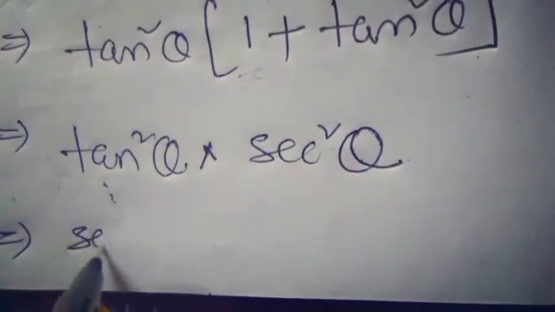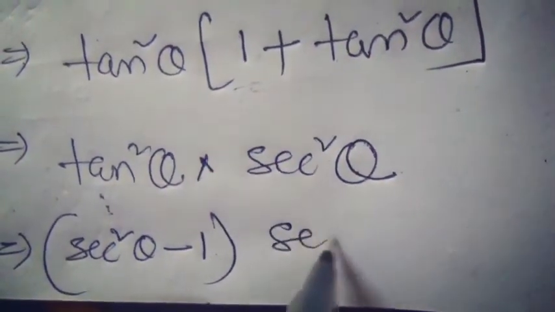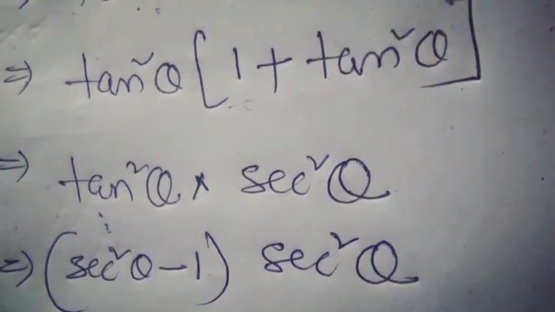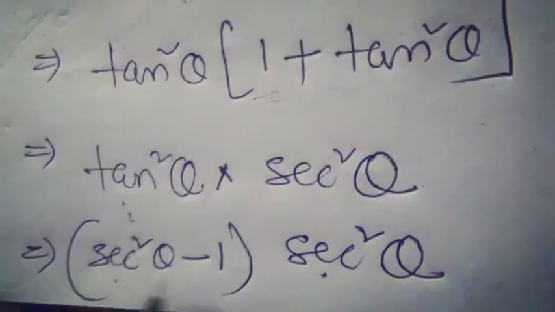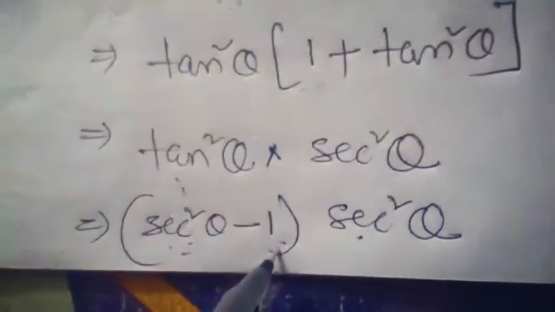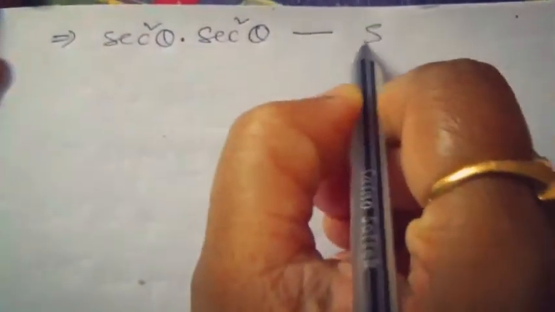So in the place of tan square theta I am writing secant square theta minus 1 into secant square theta. Okay, we just multiply this secant square theta into each and every term of these two, then you will get secant square theta into secant square theta minus 1 into secant square theta.